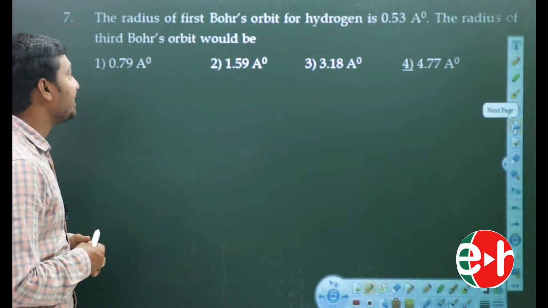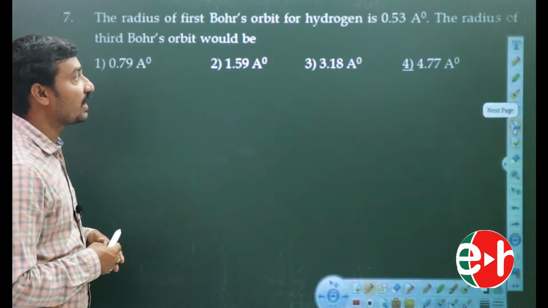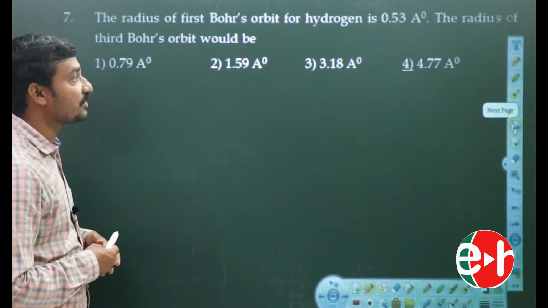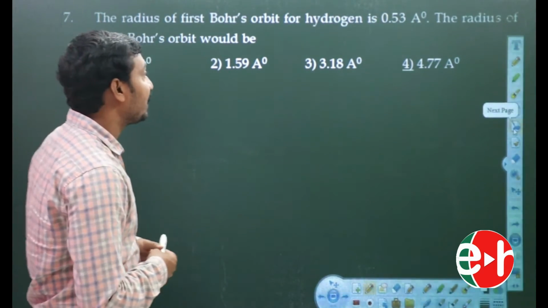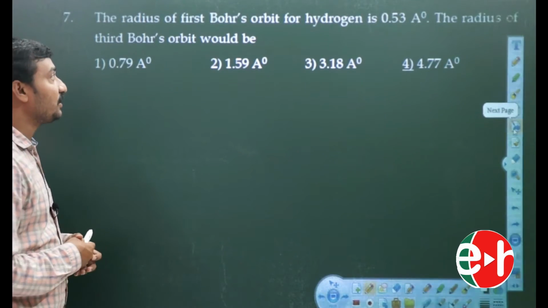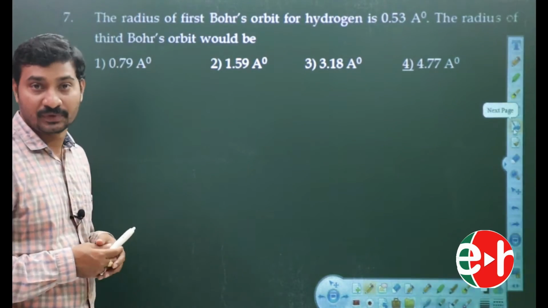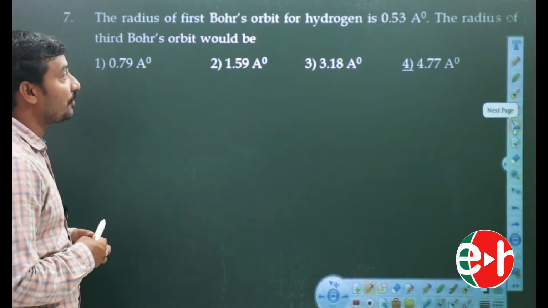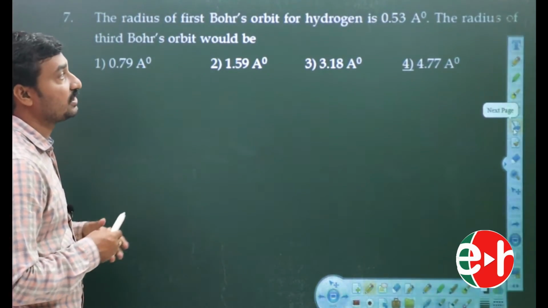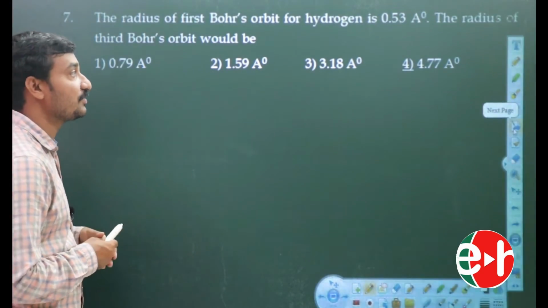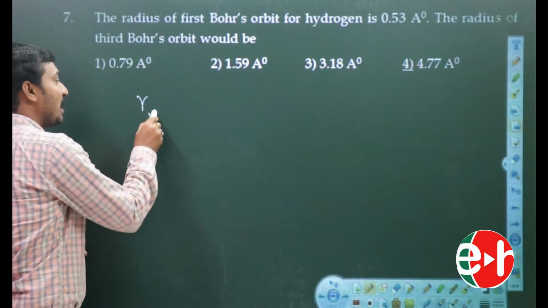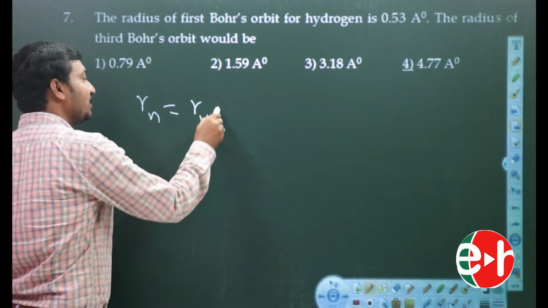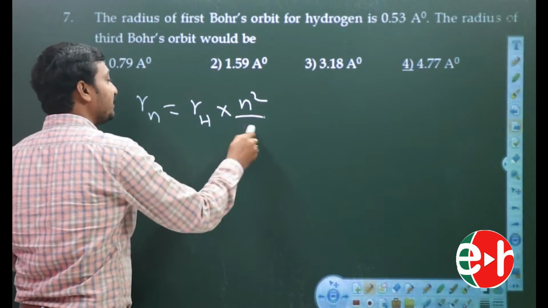The radius of the first Bohr's orbit for hydrogen is 0.53 angstrom units. The radius of the third Bohr's orbit would be? We have to find R3. The general equation is Rn is equal to RH into n square by z.